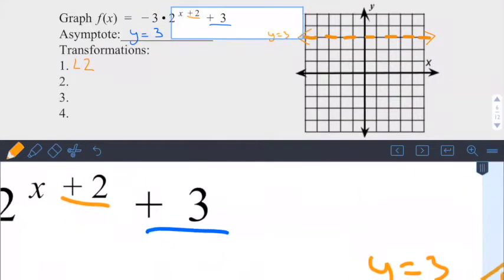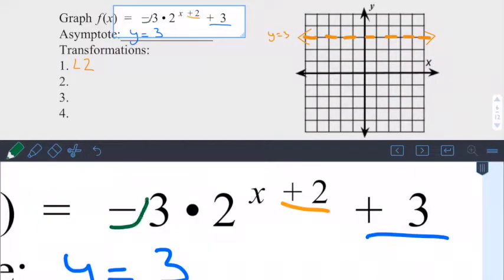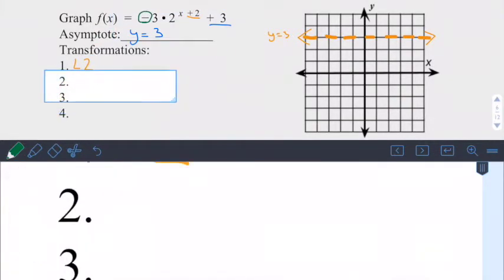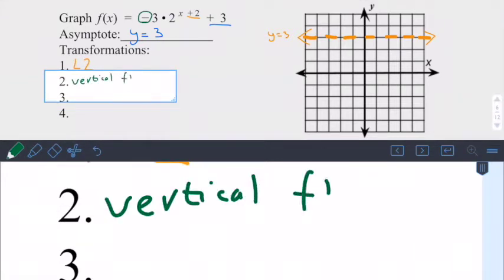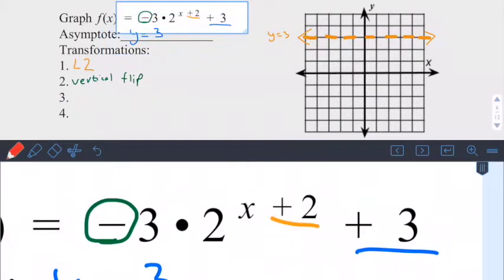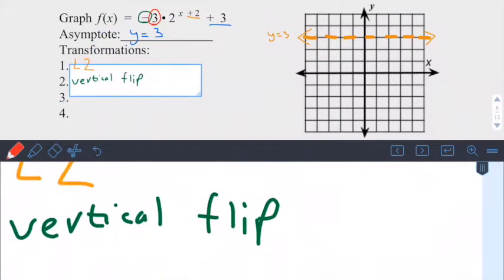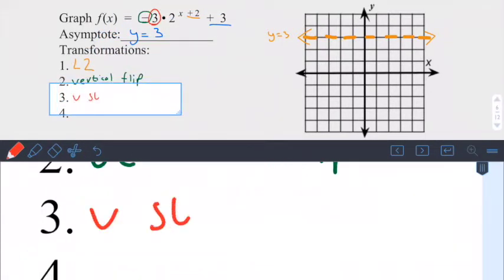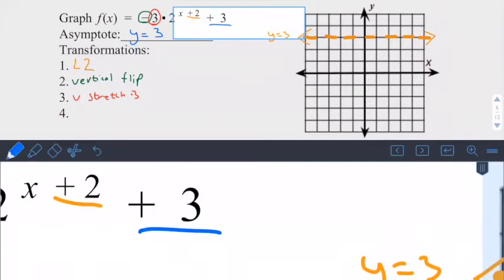Then we do the plus 3 last, so I'm going to wait for that one. Then we have our negative on the outside, so this is a vertical flip. Then we have a 3 on the outside, so this is a vertical stretch by 3, right? Times 3. Then I'm going to do up 3.